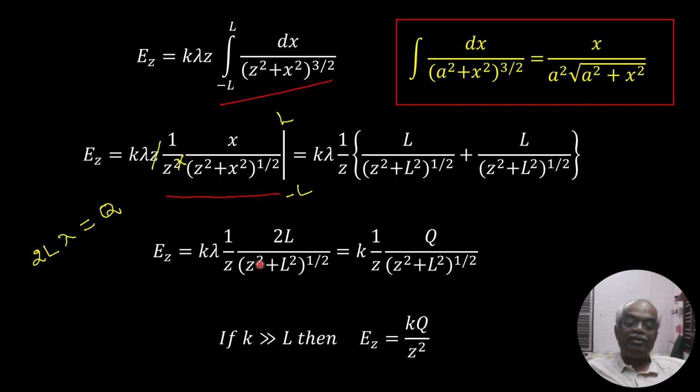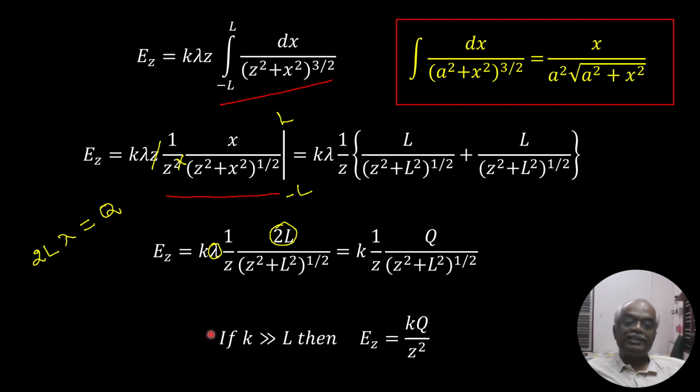So I have replaced lambda multiplied by 2L with Q. So this will become k 1 over z multiplied by Q over z squared plus L squared to the power half. This is the electric field along the z direction.